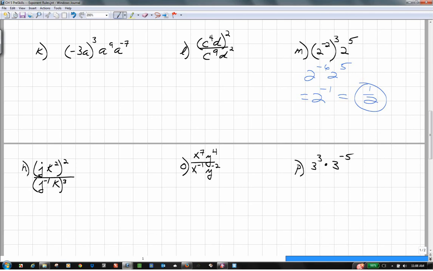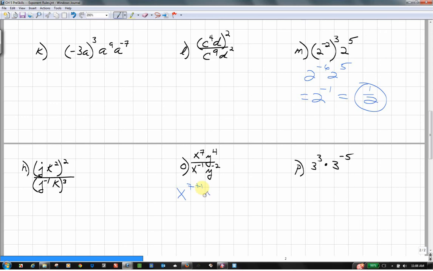Let's move down to some of the harder problems here. Here's one that has a lot of stuff. So for the x's alone, I have x to the 7th and a minus 1. So that's going to be equal to the largest exponent in the numerator, 7 minus a negative 1 would be 7 plus 1. And if I look at my y's, the largest exponent is in the numerator.